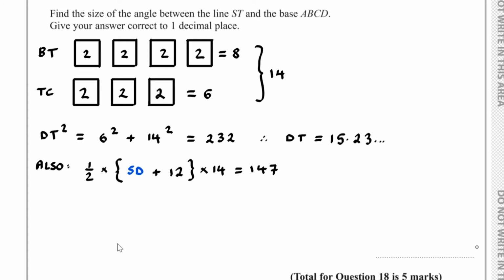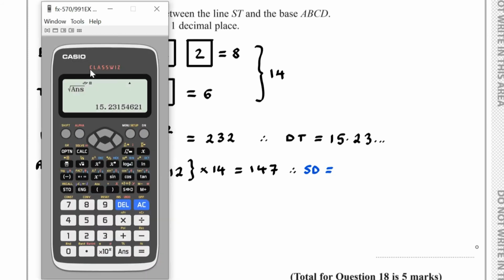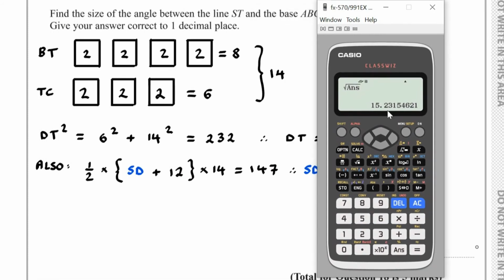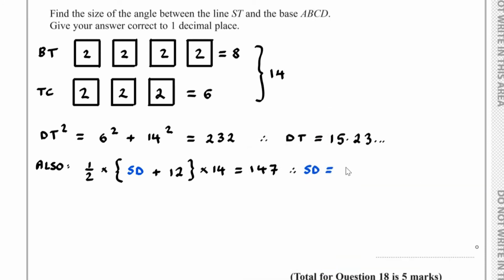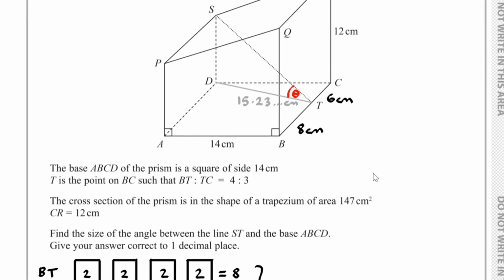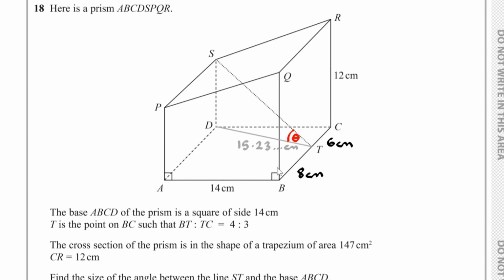It turns out we get 147. So now we can find out what SD is. I've got 147 divided by 7, and that 7 comes from 14 times 1/2. So that's 21, and if I take away 12, that's 9. So SD is equal to 9 centimeters. So I have 9 centimeters here.